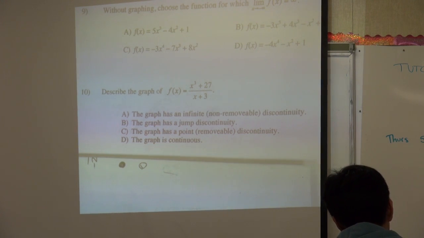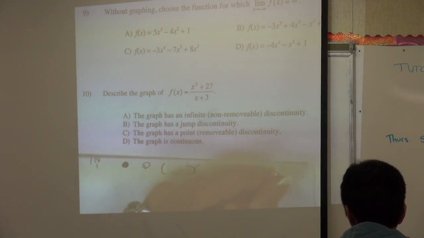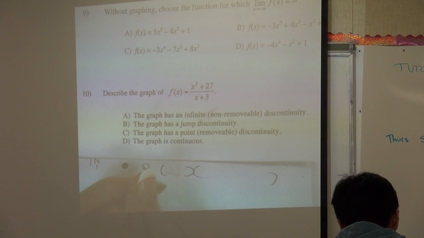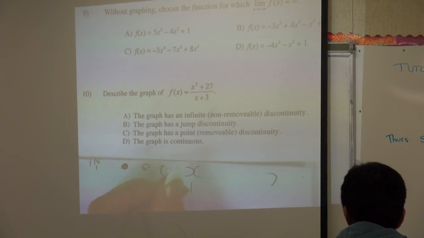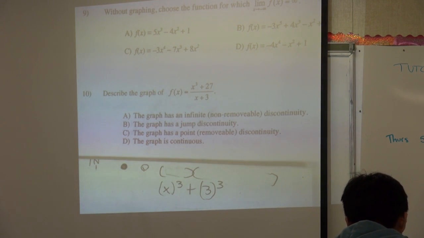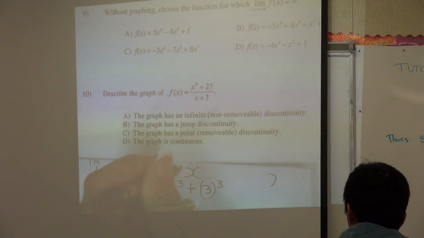Many of you don't remember that x cubed plus 27 is the sum of cubes. It factors to a binomial times a trinomial. It's x being cubed plus 3 being cubed. And even if you don't remember exactly how it factors, the binomial is x plus 3.